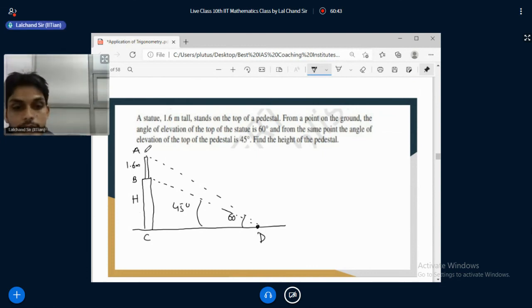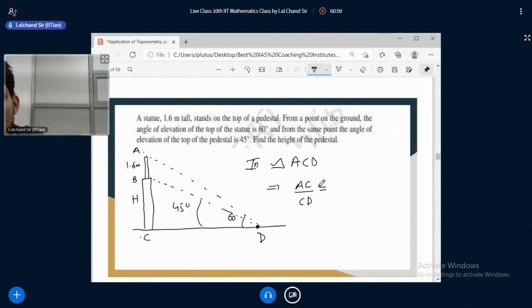So in triangle ACD we can write AC divided by CD is equal to tan 60 degrees.